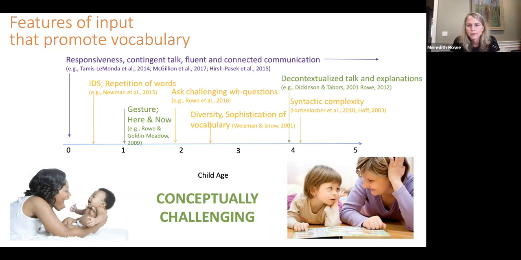However, when you get to preschoolers, age 30 months and up, obviously children could very easily at that age pick up a word if you point at something they've never seen before and label it. But what seems to be more helpful is having what's called decontextualized conversations that are more abstract and beyond the here and now, rather than focused on the here and now.